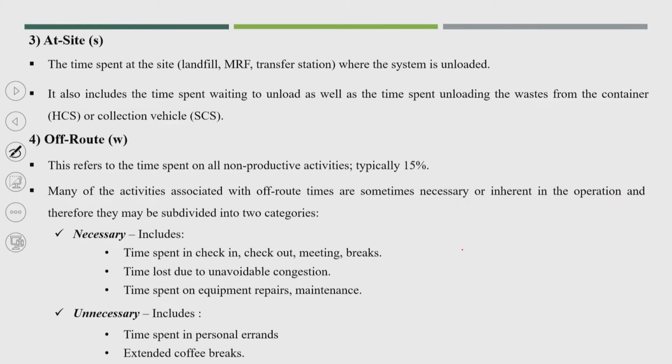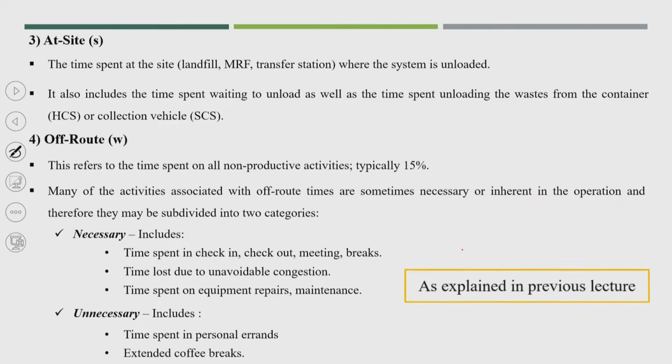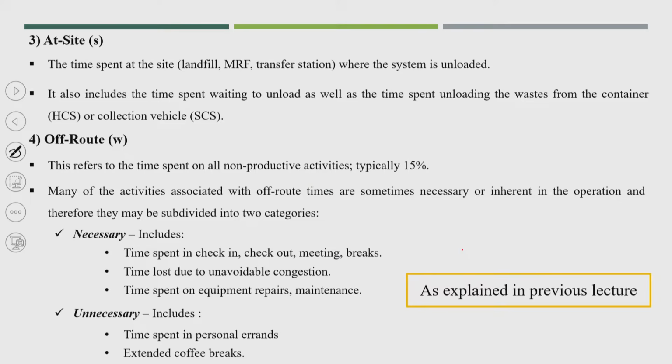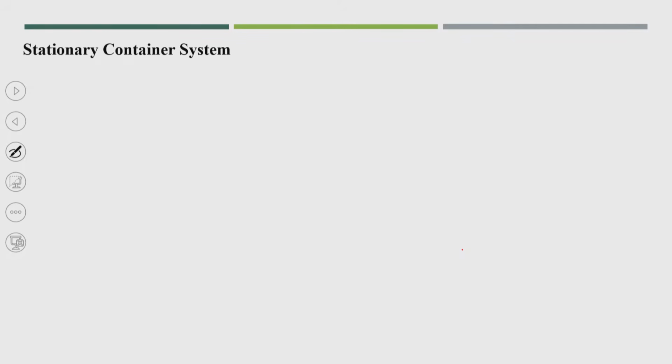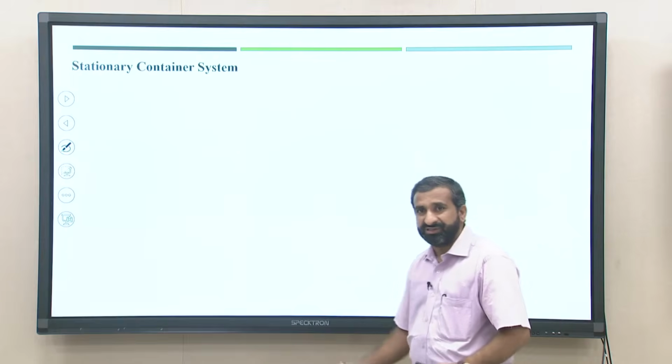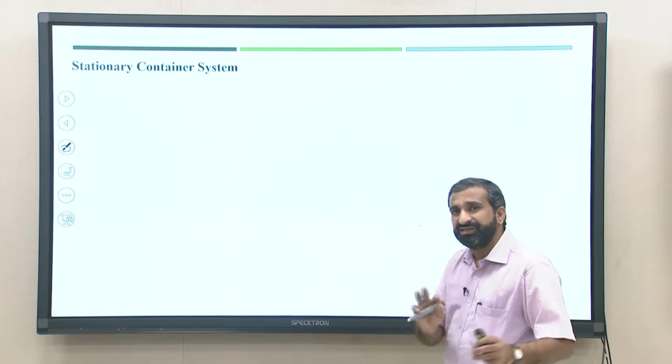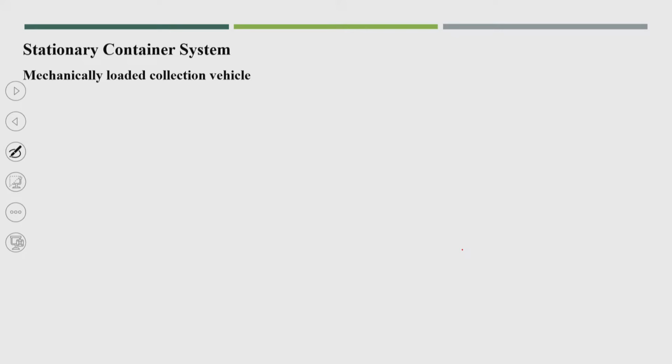The remaining unit operations are almost similar to those discussed in the hauled container system, like at-site time and off-route factors, necessary and unnecessary. Now, we will see some equations for the stationary container system, which we saw for the hauled container system. There are two types of stationary container system.